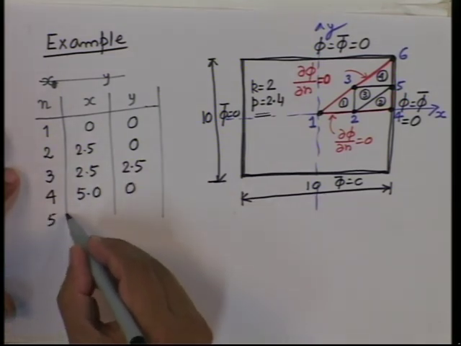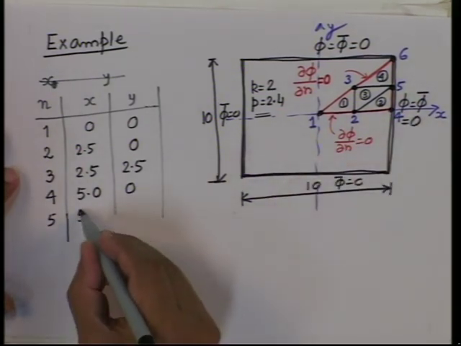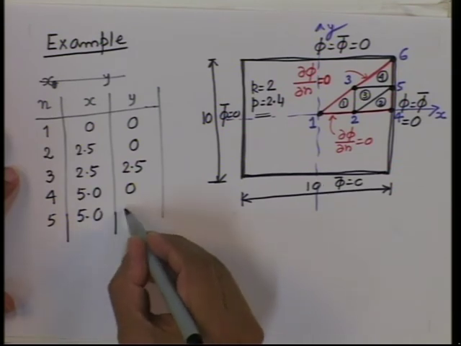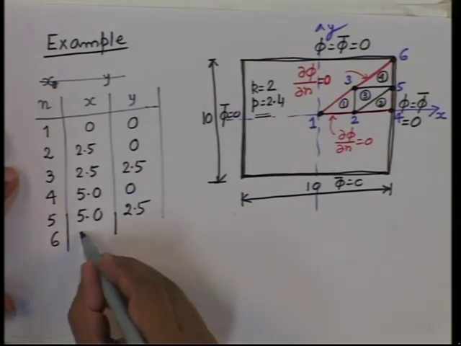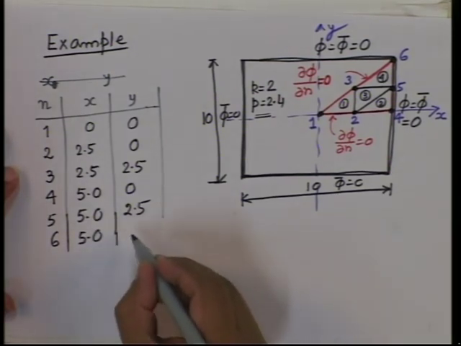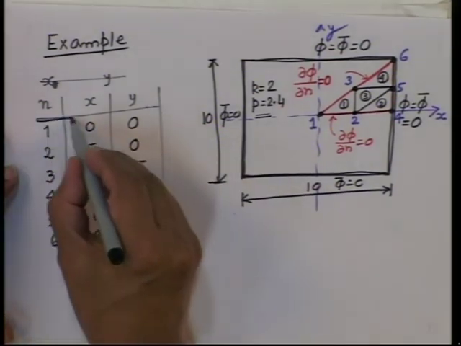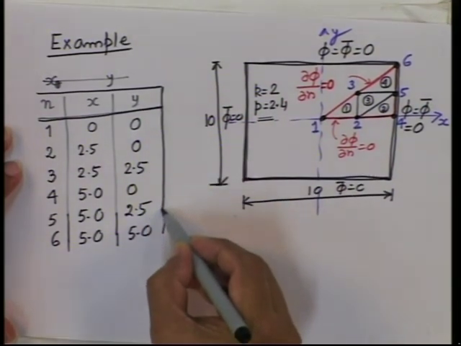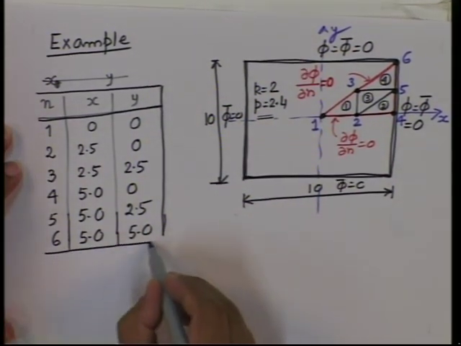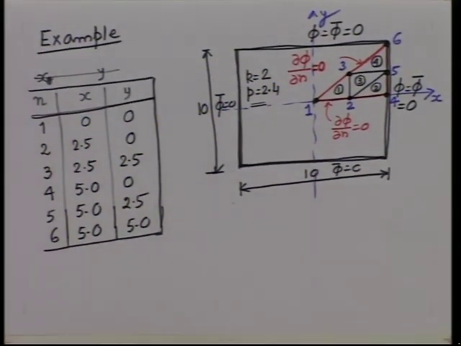Node 5 has x coordinate 5, y coordinate 2.5, and node 6 has x coordinate 5 and y coordinate also 5. So, we have to have the global node numbers and their coordinates, because we have to compute.